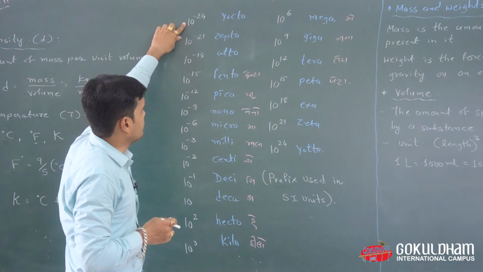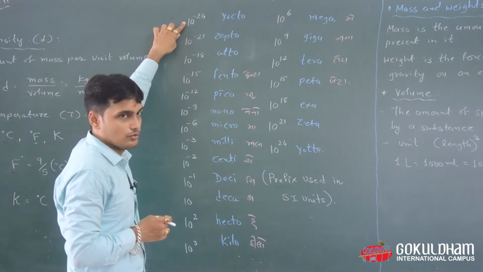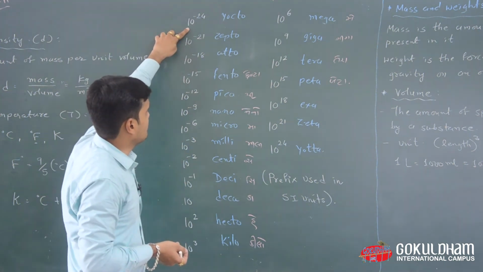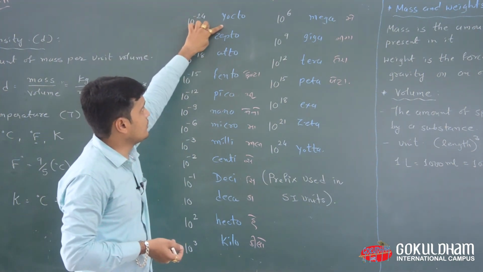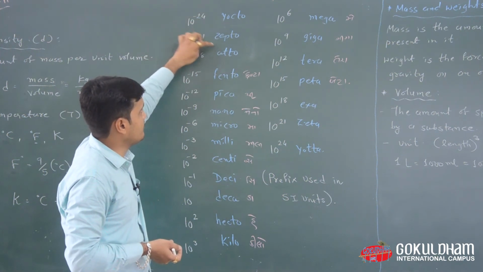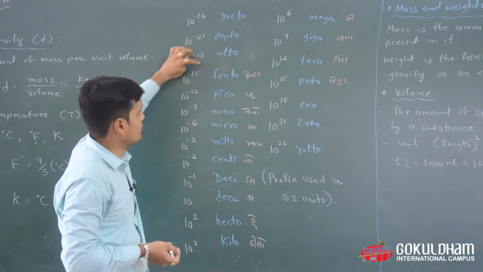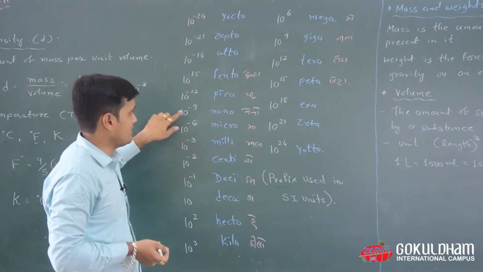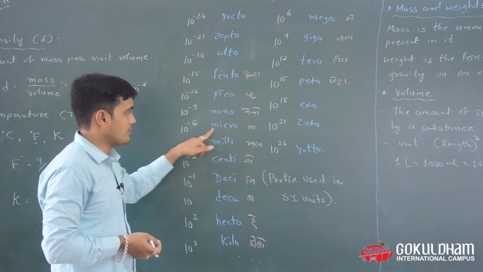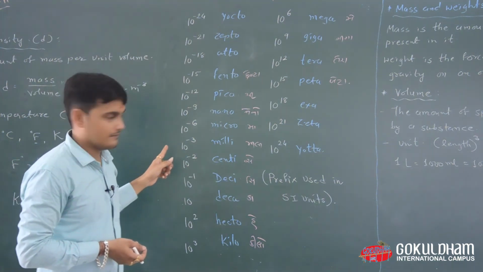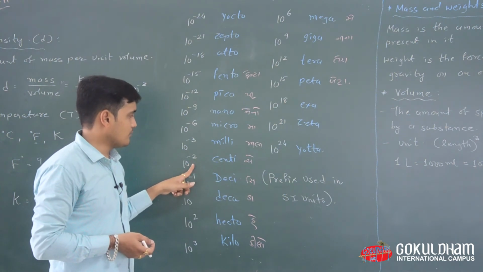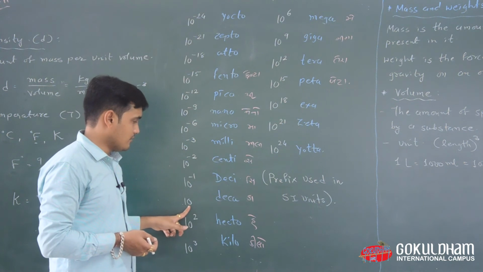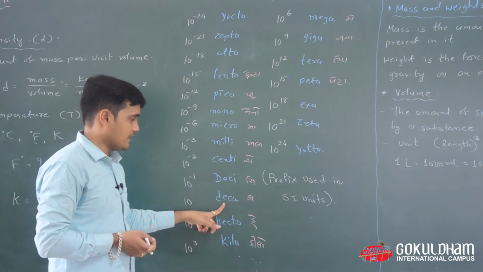The table starts from 10 raised to minus 24 to positive 10 raised to 24. 10 raised to minus 24 is Yocto, minus 21 is Zepto, minus 18 is Atto, minus 15 Femto, minus 12 Pico, minus 9 Nano, minus 6 Micro, 10 raised to minus 3 Milli, 10 raised to minus 2 Centi, 10 raised to minus 1 Deci. Only 10 is known as Deca.